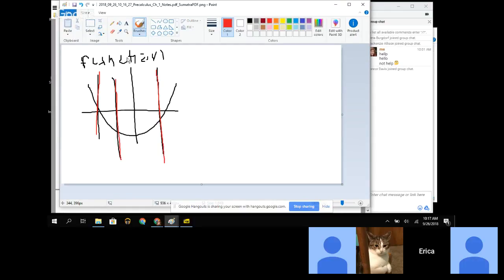That's the one-to-one. And think about this: the inverse is basically when we flip the x's and the y's. So the inverse of this parabola would probably look something like this. In order to tell if we have an inverse function, it also must be one-to-one.